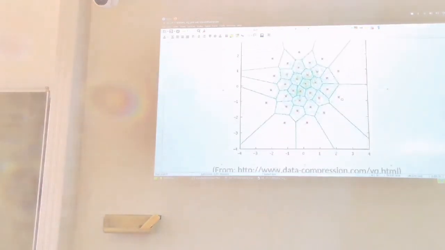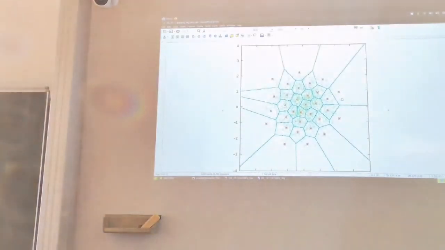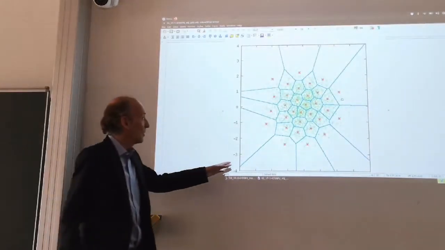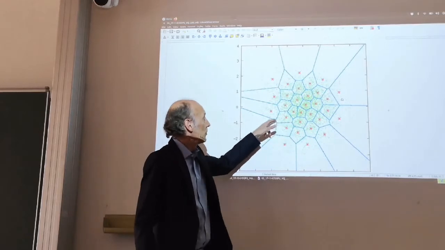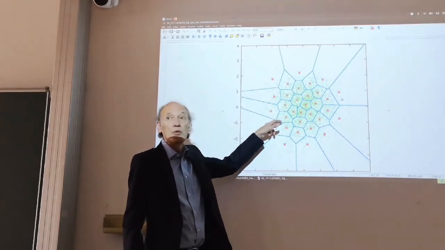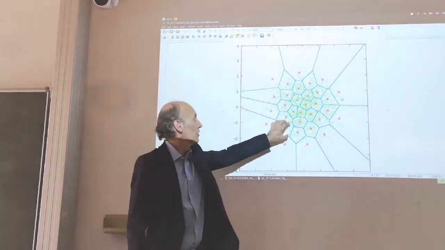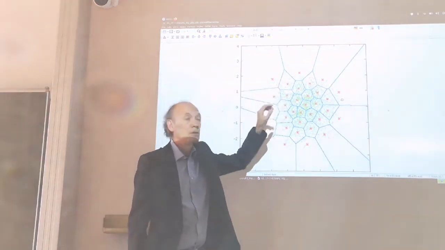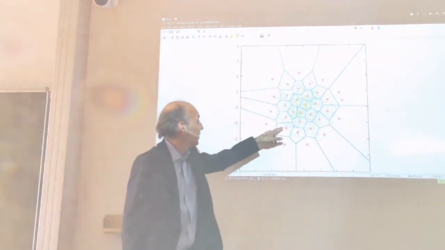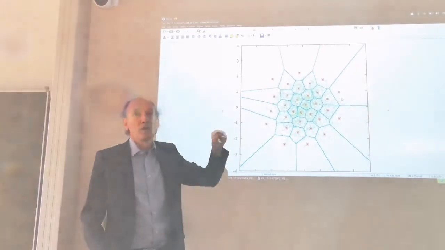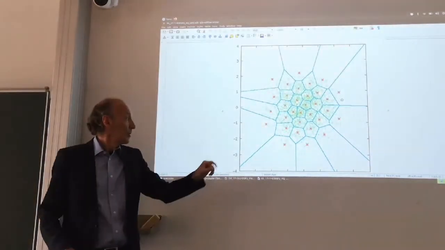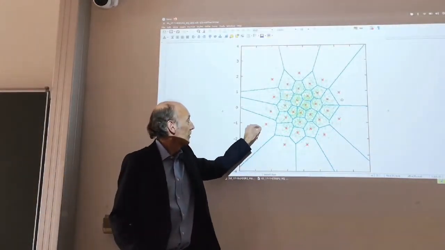Here you can see the example. So here you can see the blue lines are the boundaries of our Voronoi regions. Okay, so each of those blocks is a Voronoi region. And then those stars here, the red stars, are the code vectors. And those green dots are the signal vectors.